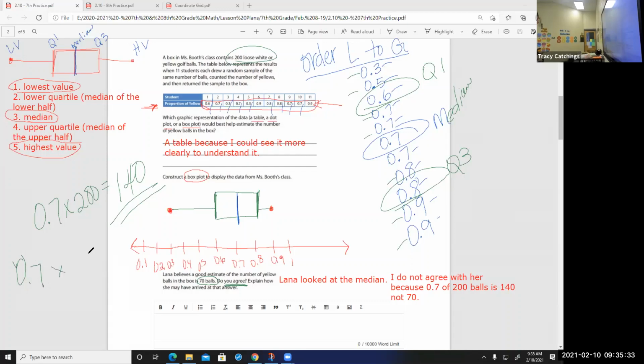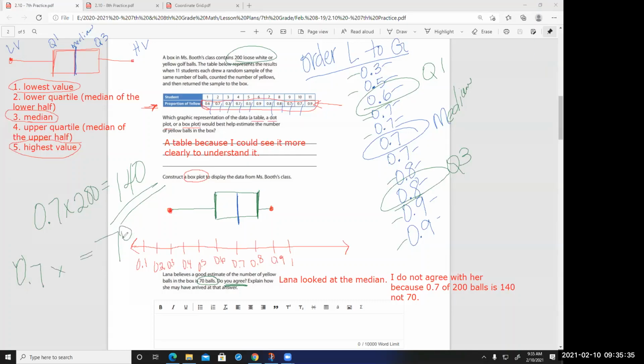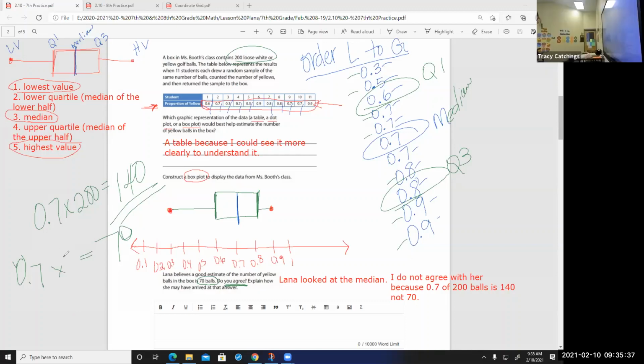See, that's why it's important for us to learn numbers and stuff. Had we had 100 balls, that would have worked. So if we end up with 140, that's what I mean. She was thinking of the value of 100.